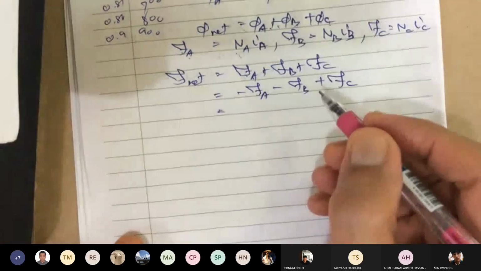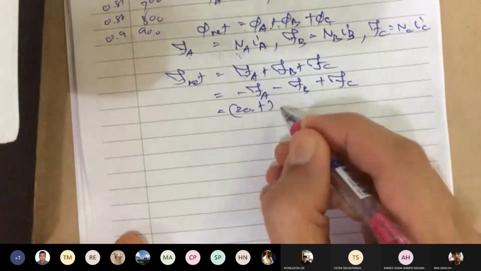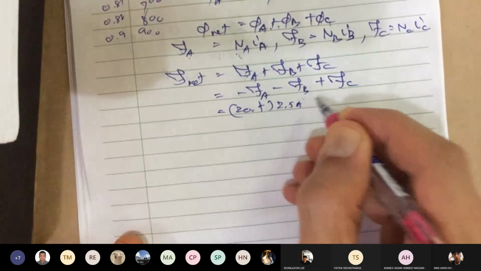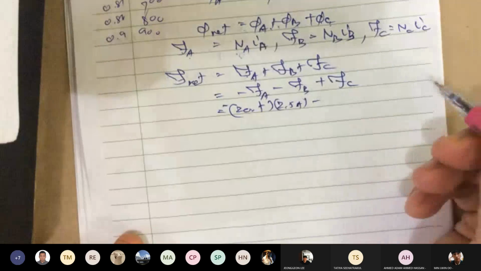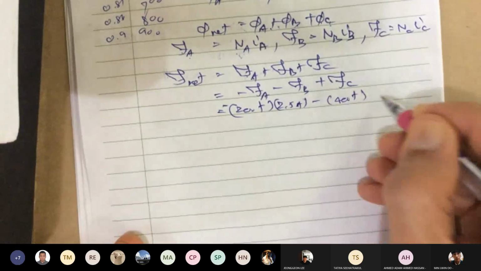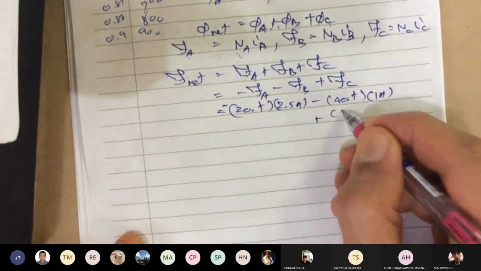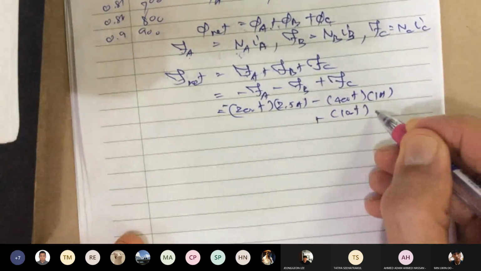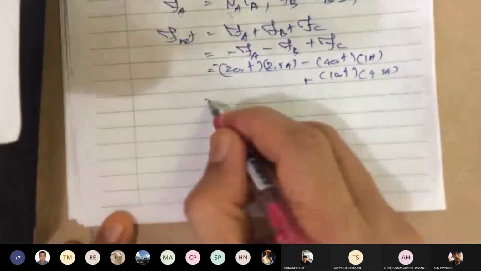So it's going to be 200 turns times 2.5 amp. Negative, don't forget. Another negative. B is 400 turns, 1 amp, plus C, 100 turns, 4.5 amp. Okay, so calculate each.